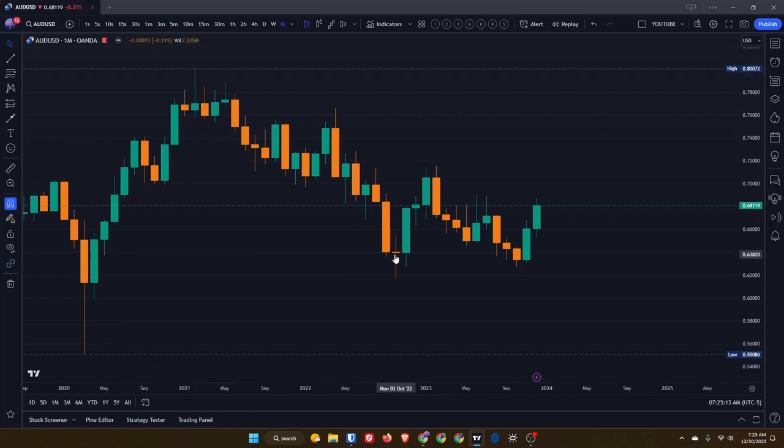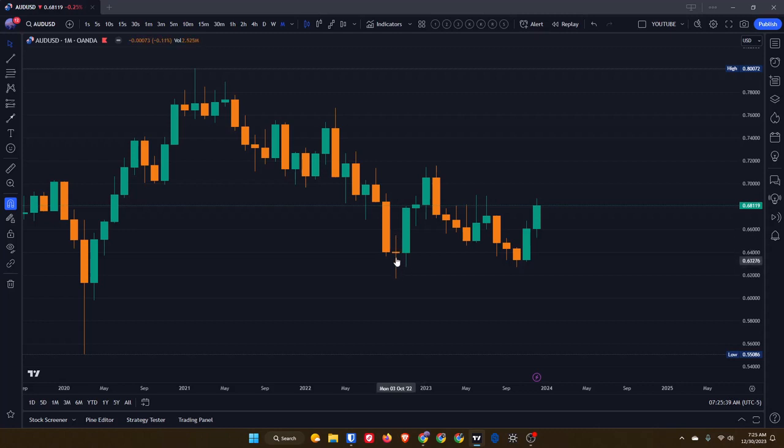So when you're doing candlestick analysis, you just want to compare the sizes of the wicks, the sizes of the bodies, and the color of the candle to give you an idea of the projection of what might happen to the price based on the candlestick.